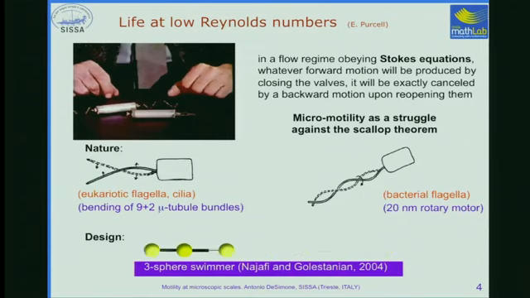It's a model system, which has, again, attracted a lot of attention. It's made of 3 rigid spheres that can, through a system that is not part of the hydrodynamics, change the relative distance. And so it's not immediate to see it from the movie, but what the movie says is that if you do it in a clever way, which means not like this, but with a cycle like this, then you manage to move.